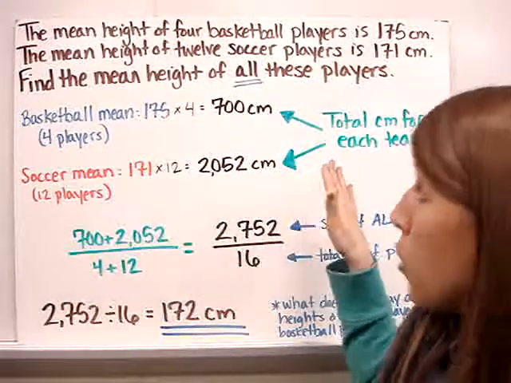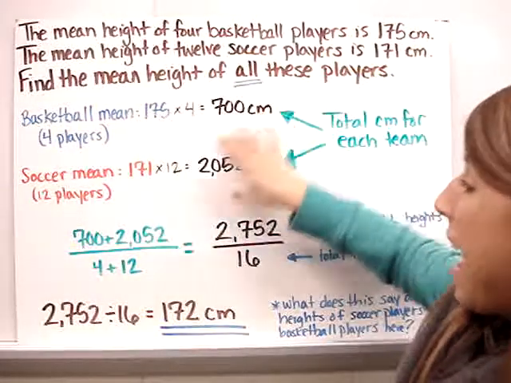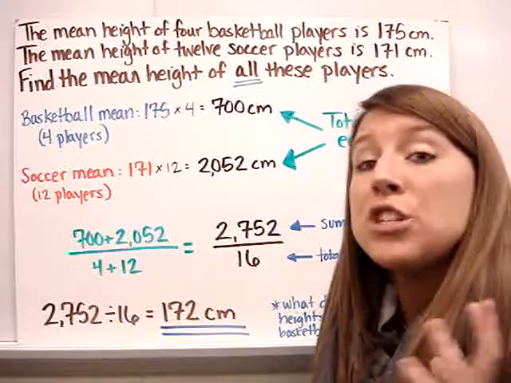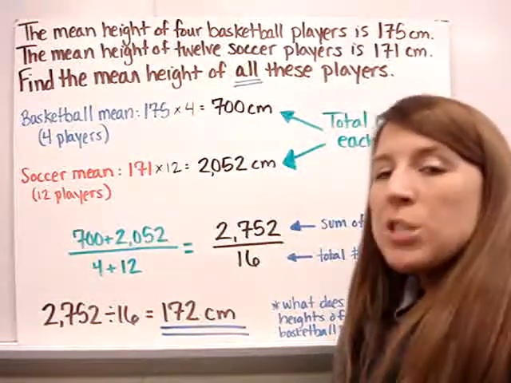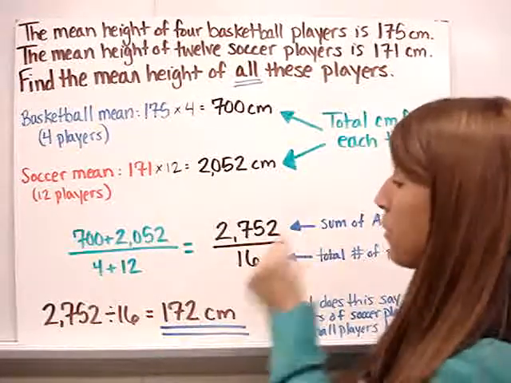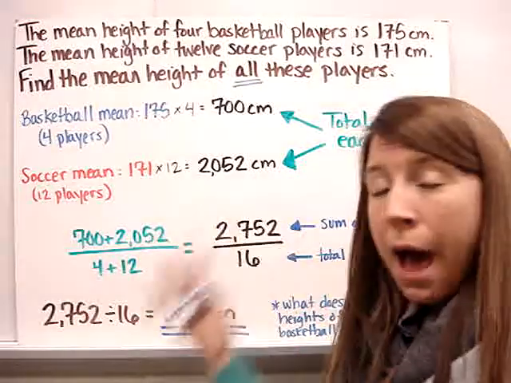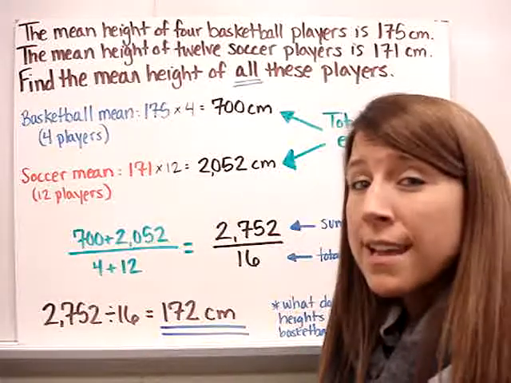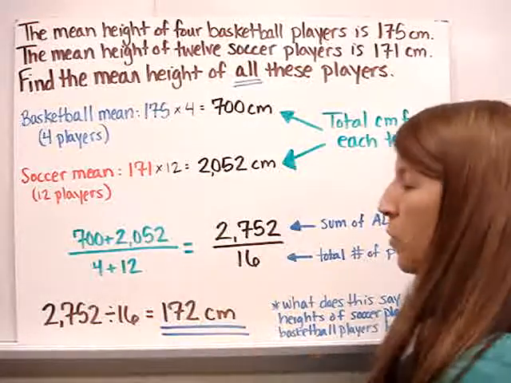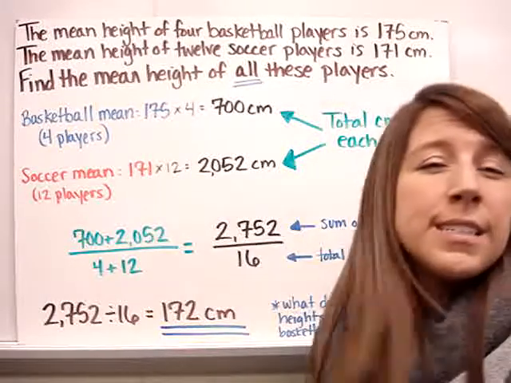So total, among all 16 players, I have 700 centimeters plus 2,052 centimeters, which is 2,752 centimeters of athlete. Now, because that's the absolute total of all of their heights, I can divide by 16, and when I do that, I get 172 centimeters, which is the average height of all 16 athletes.